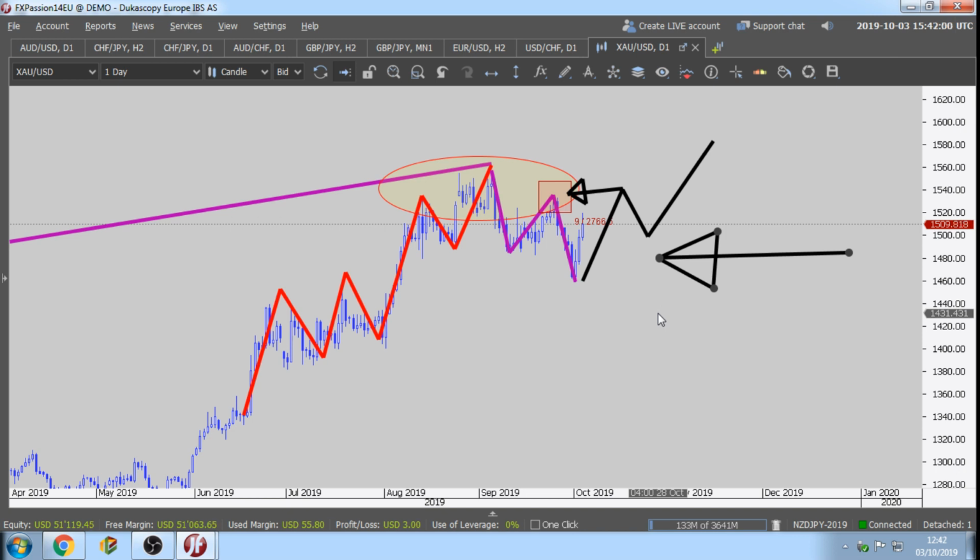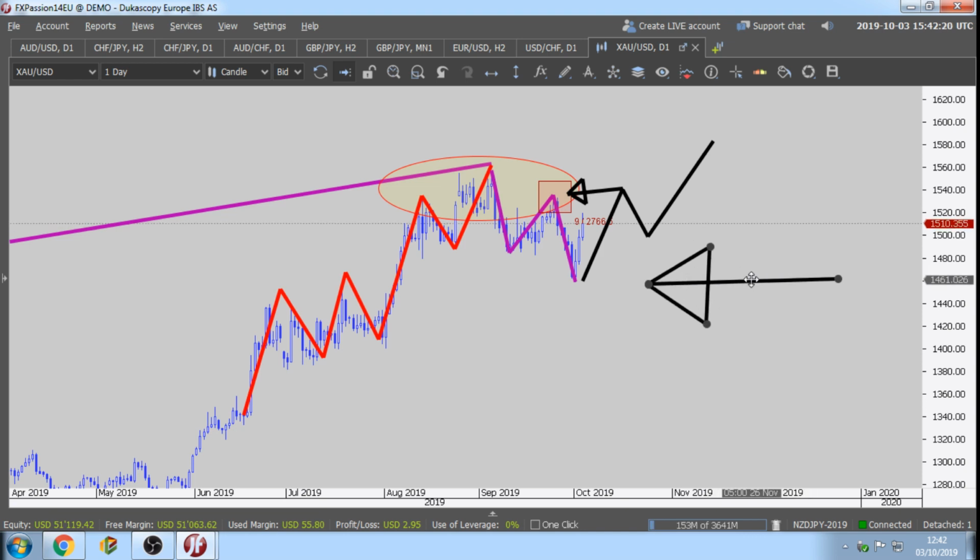Any recommendation on butterfly and bat patterns, how to paint them on gold? No, sir. Augustinas, I'm going to be very honest with you. I don't know butterfly and bat patterns. I never learned them, I never used them. I know just the basic stuff. Structure, trend lines, support, resistance, pivot points.